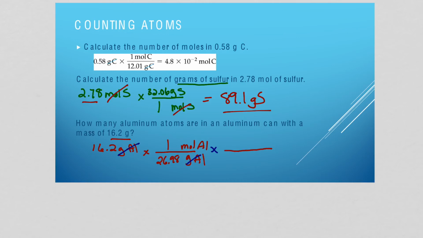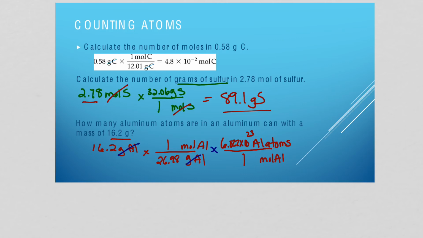And convert my moles, moles on the bottom, into aluminum atoms. I mean that there are 6.022 times 10 to the 23rd aluminum atoms per every mole.